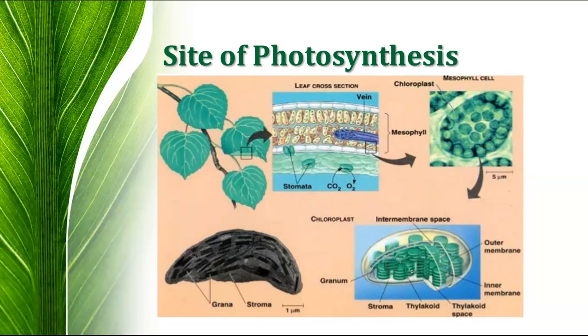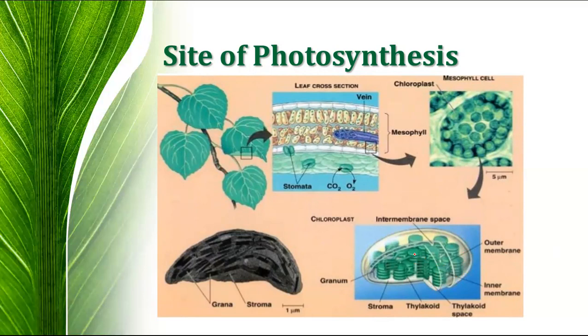When we observe a single chloroplast, it looks like a double membrane structure. The membrane system is a double layer, that is the outer membrane and the inner membrane. Inside that, a number of thylakoids are present. A single coin-like structure is called a thylakoid.